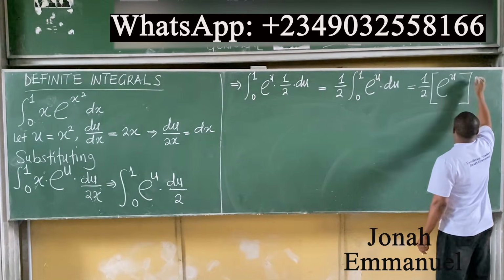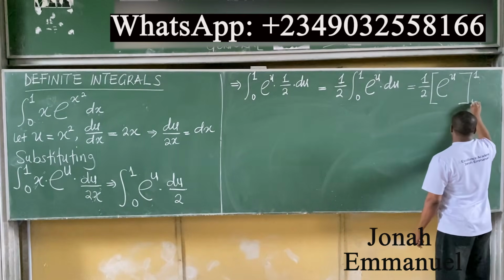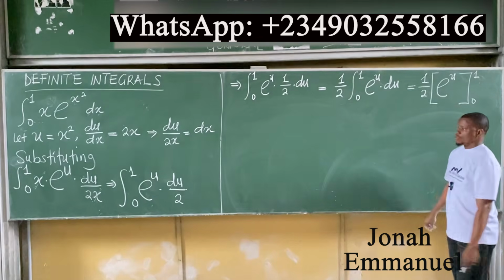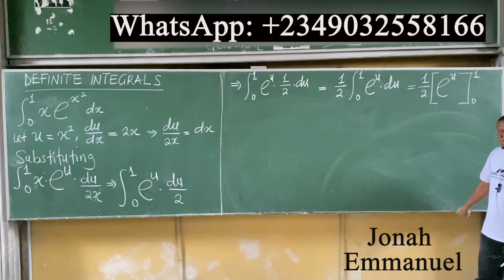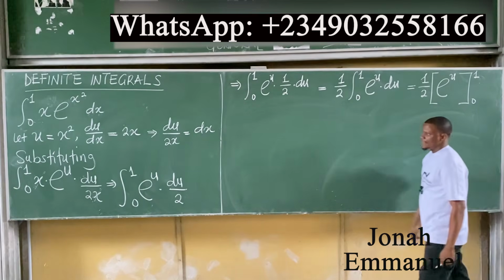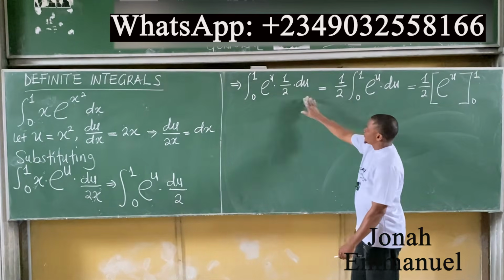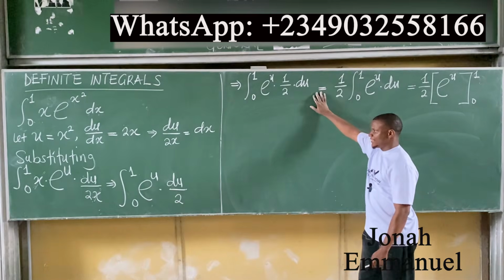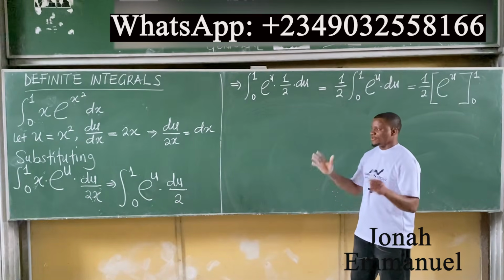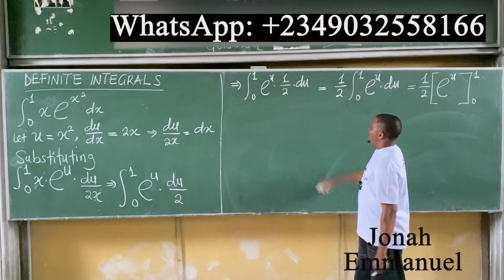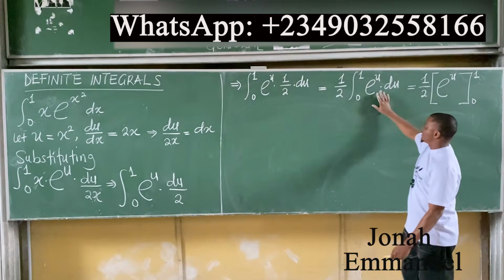This, put in your limits. What are your limits there? 1 and 0. So you have this. First things first, I think I would have done a bit of revision before I came to this. Sorry about that. When I moved the constant outside here, I had this thing here.